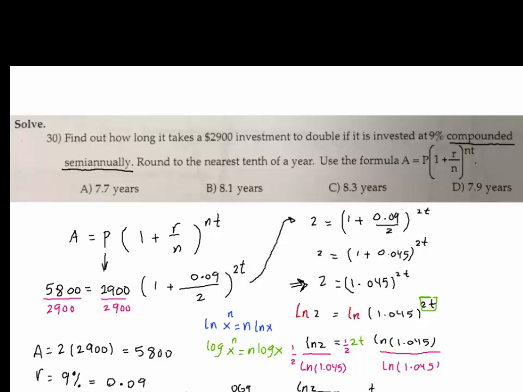So 7.9 years. So that's why the answer would be D. From here on, you have to use your calculator once you get that.